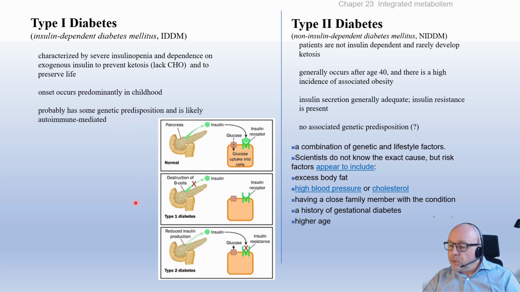Now, type 2 diabetes, on the other hand, they still produce insulin, but they have insulin resistant tissues. So the receptor is not responding to insulin binding for a variety of reasons that we will have a look at, and therefore glucose is not imported into the cell, leaving blood glucose at a higher basal level, especially after feeding.